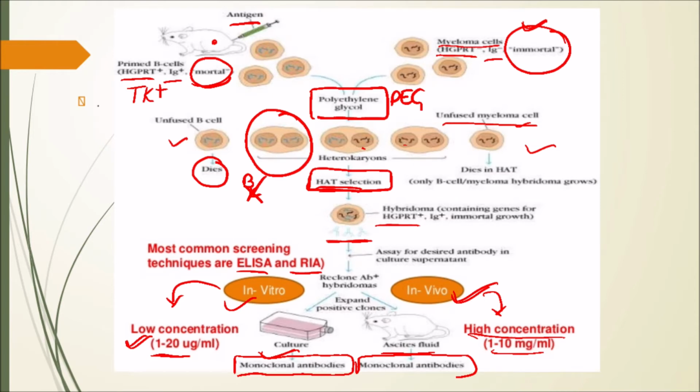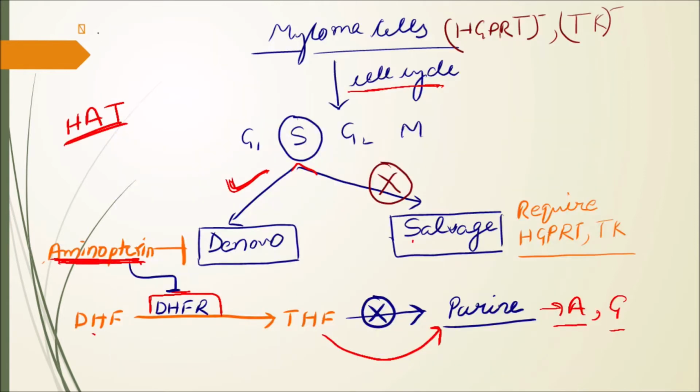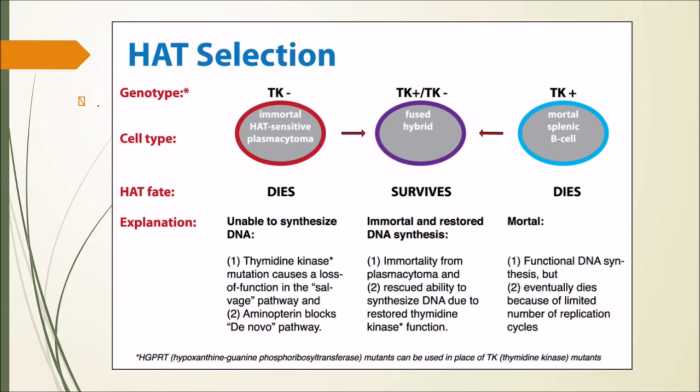And these fused cells have the characteristic to generate antibodies that have affinity toward that antigen that was injected into the animal. So here I have explained what exactly happened in HAT selection.